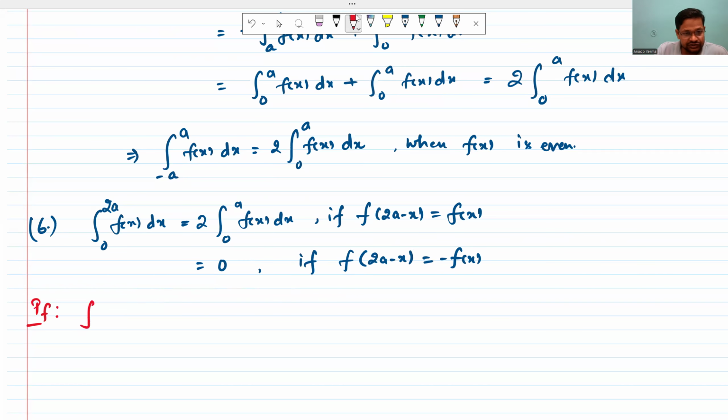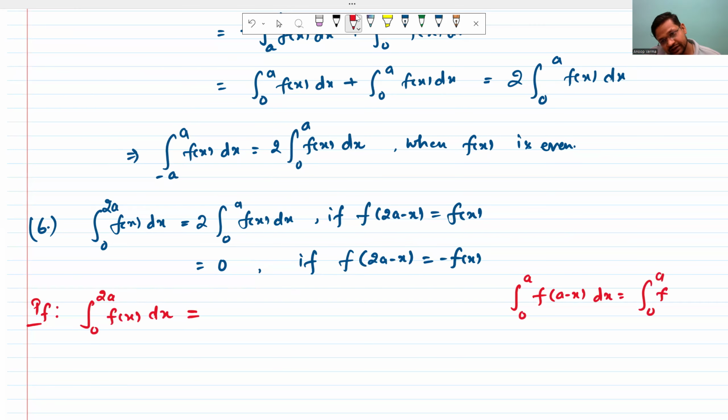So this is 0 to 2a of f(x) dx. We can easily break this interval. How can we break it? I'm not going to break it, I'm just using this property: the integral from 0 to a of f(a minus x) dx is equal to the integral from 0 to a of f(x) dx.